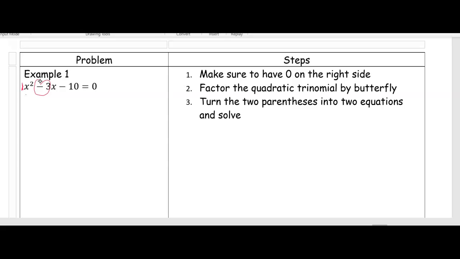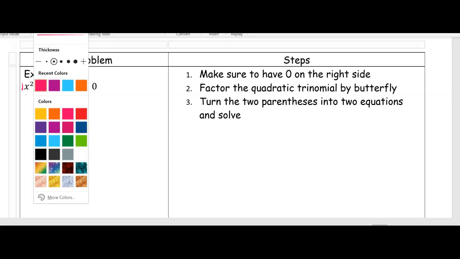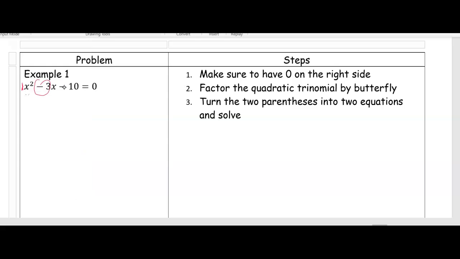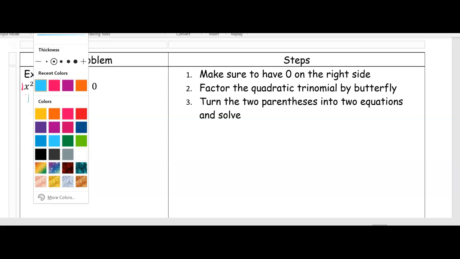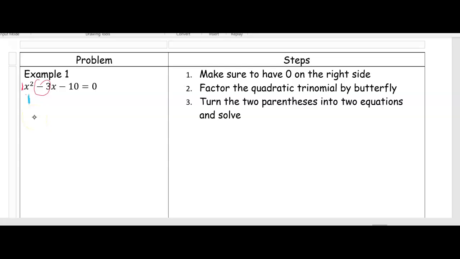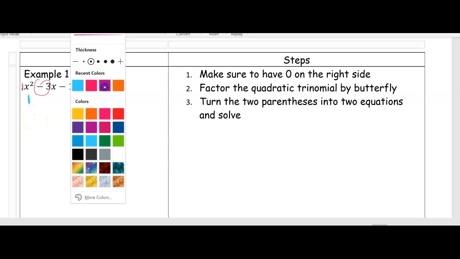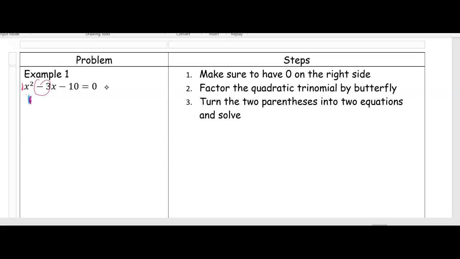So look for two numbers multiplied together that give you 1. We only have one choice, which is 1, right? So 1 times 1 gives you the first number, right?